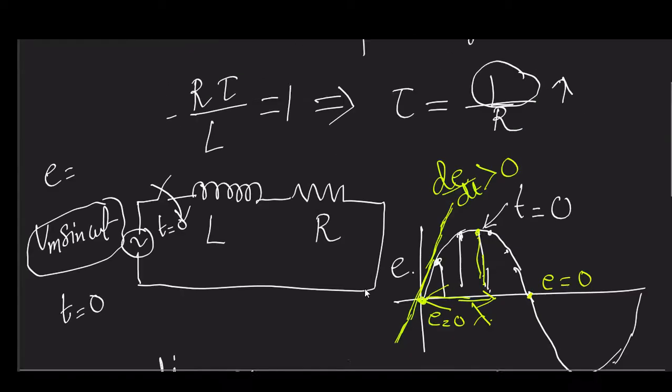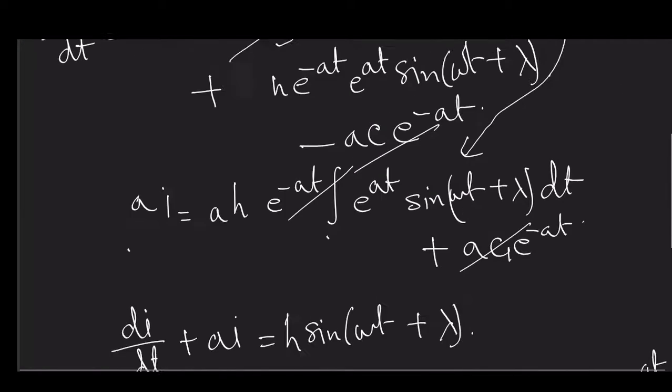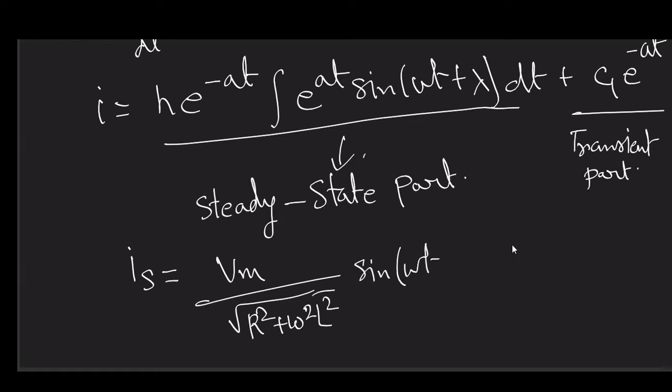Here during steady state, this L will offer a steady state reactance value omega L. So our I_S will become something like Vm by root under R square plus omega square L square, sin(omega t plus lambda minus tan inverse omega L by R).